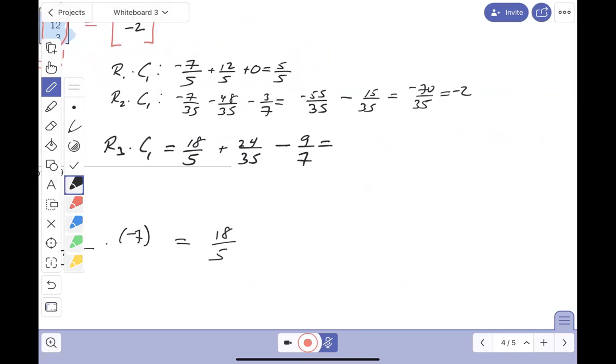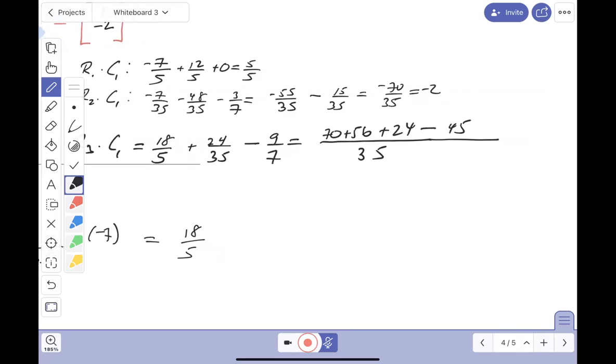Let's see. I say common down to 35. Let's see. 7 times 5 is 35. So 7 times 18, that's 70 and 56. Well, 24 35ths, 24. And 5 times 7 is 35. So that's going to be minus 45 now. Whoa, that's a lot of arithmetic, isn't it?